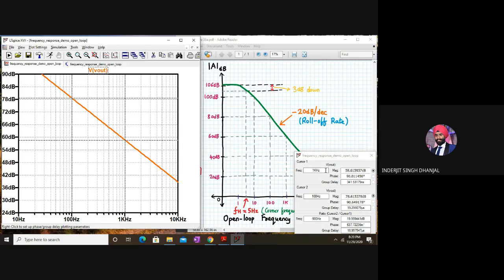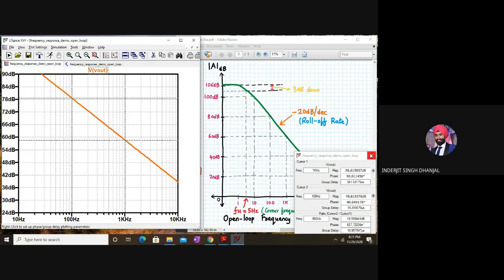At 1 kilohertz the gain is 58.61 dB, and at 100 hertz the gain is around 78.61 dB. So if you increase the frequency by a decade, from 100 hertz to 1 kilohertz, the gain falls from 78.61 to 58.61. That is around 20 dB fall in a decade.